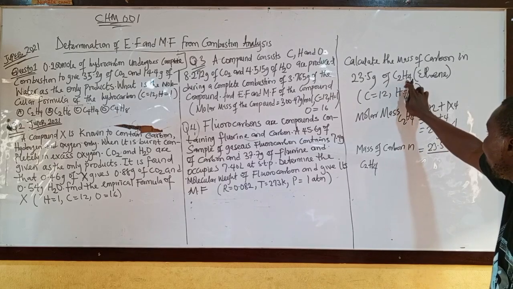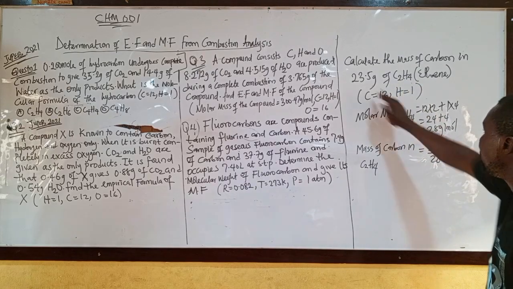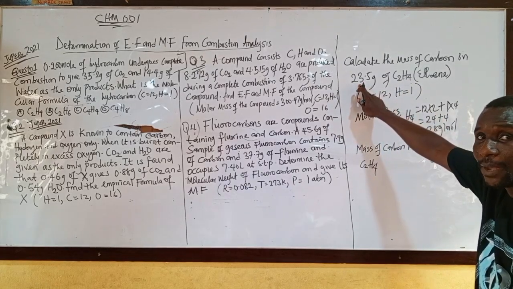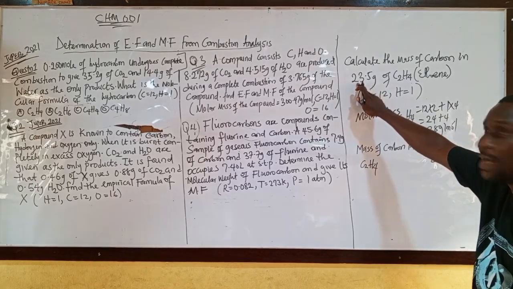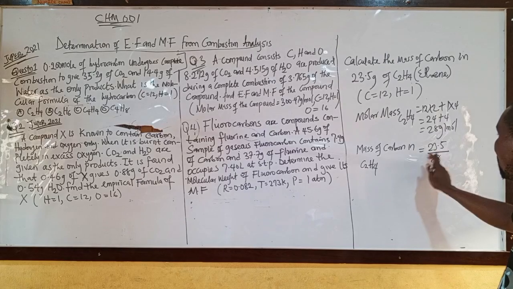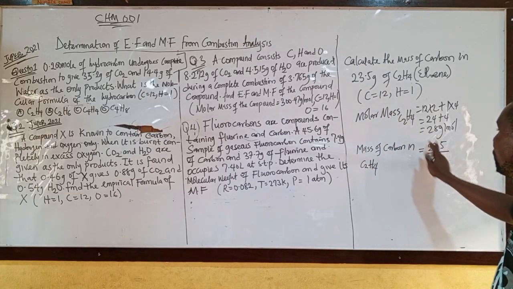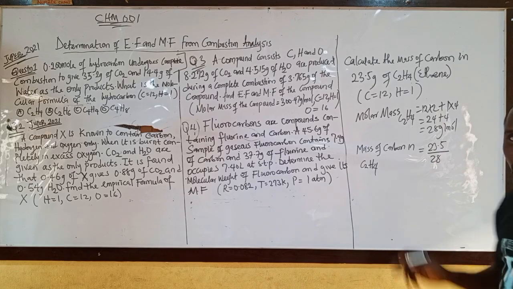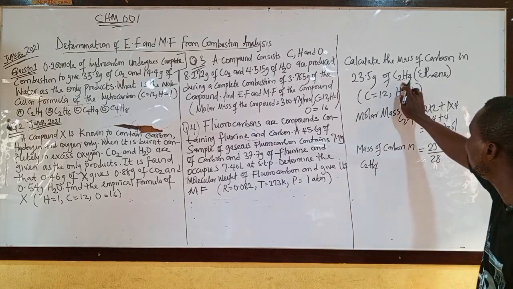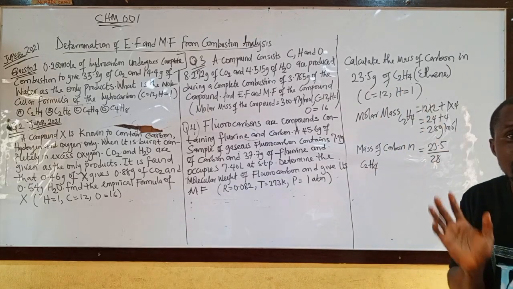The given mass of C2H4, 23.5, divided by the molar mass of C2H4, which is 28.